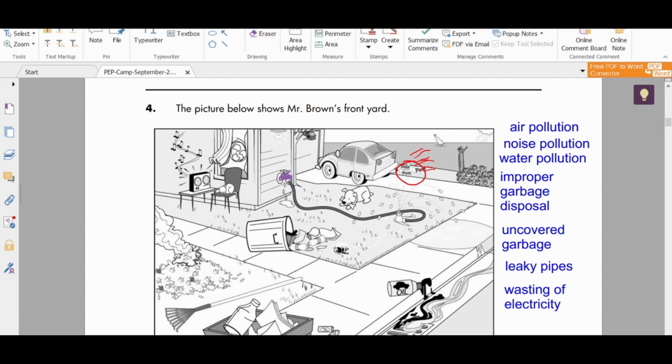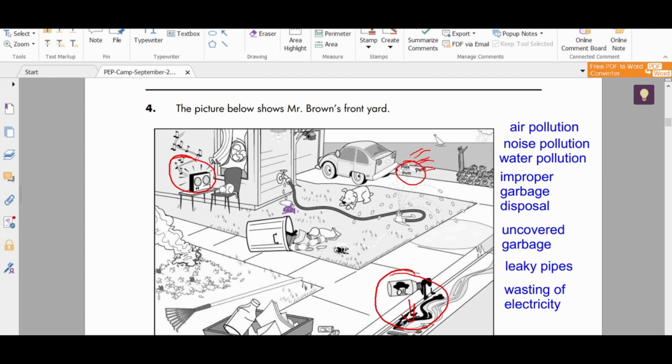I can see noise pollution here. If Mr. Brown is playing this, it can impact his neighbors. I can see water pollution, as in the oil seeping into the water and getting into the drain, and this will have problems down the road.